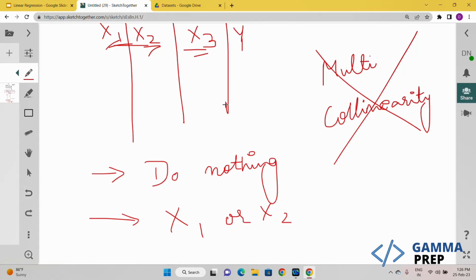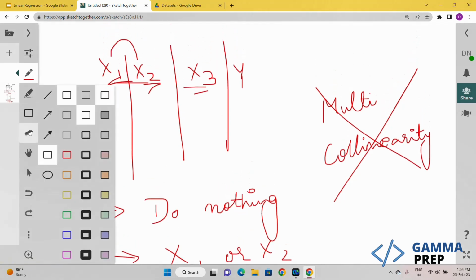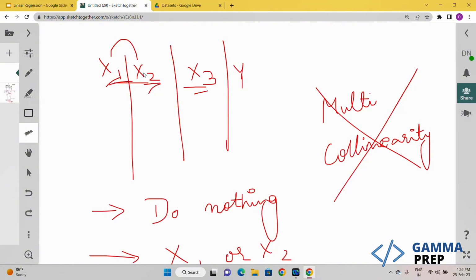Or if you're confused and you don't want to remove either x1 or x2, then instead of using both of them, use a new feature. That is, derive a new feature by linearly combining the independent variables, such as adding them together or performing some mathematical operation.